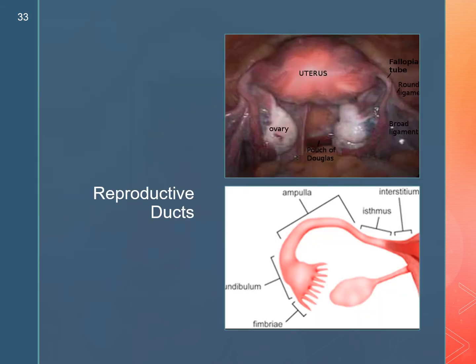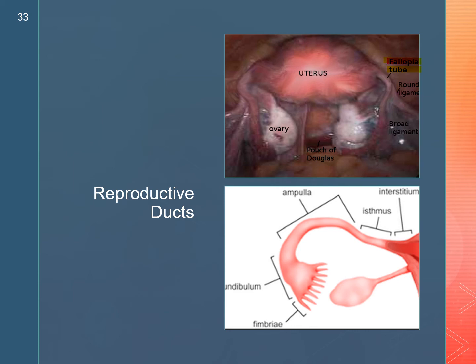The reproductive ducts are also referred to as the uterine tubes, fallopian tubes, or oviducts. So they have a lot of different names for the same thing, but you can see in this top image here, the fallopian tubes are identified. So I'm trying to highlight them yellow, but you really can't see that.